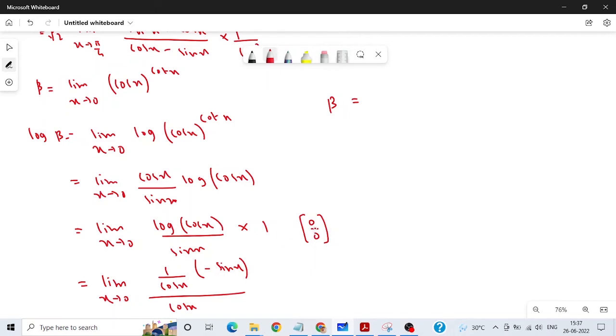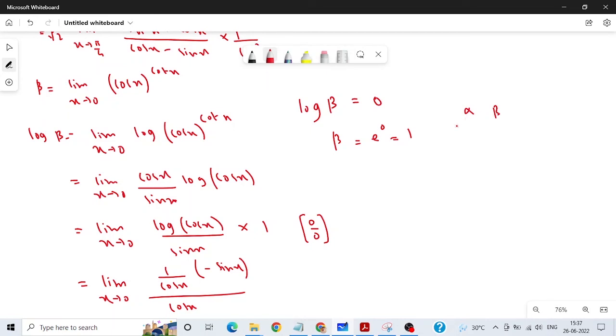So 0 by 1 is going to be 0. Okay, it's not beta, it's log beta. Log beta value turns out to be 0. So what is the beta value? In exponential form, it's going to be e raised to 0, and e raised to 0 is going to be 1. So the beta value is 1.